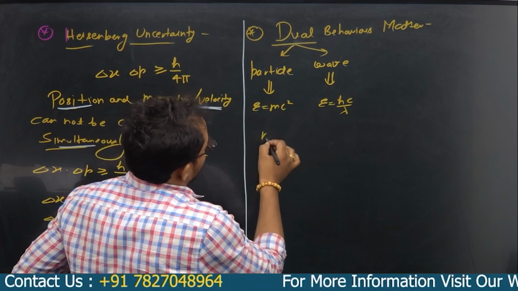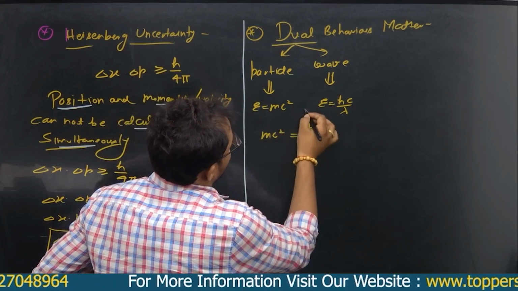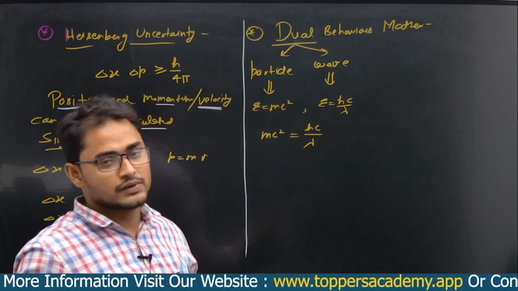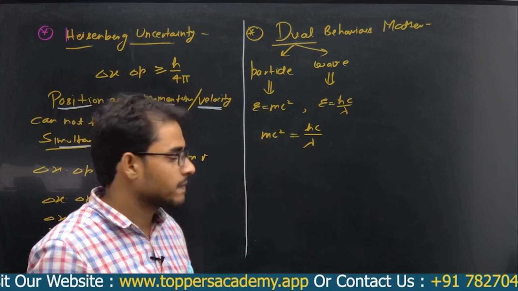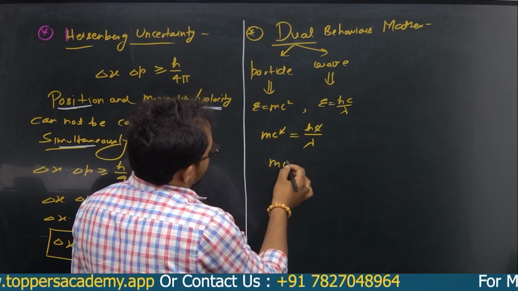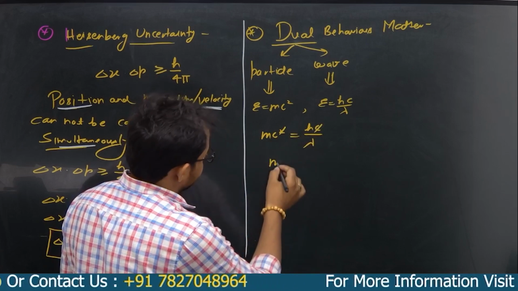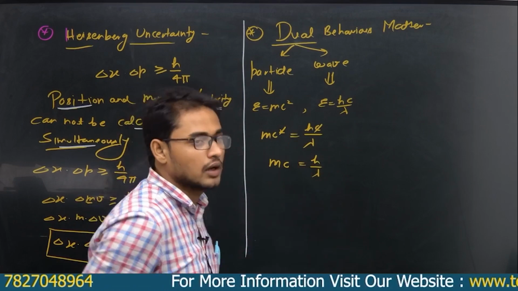So I am going to write mc square is equal to hc upon lambda, because both of these equations have equal left side, so obviously I can equate the right side also, right? So now it is mc is equal to h upon lambda.